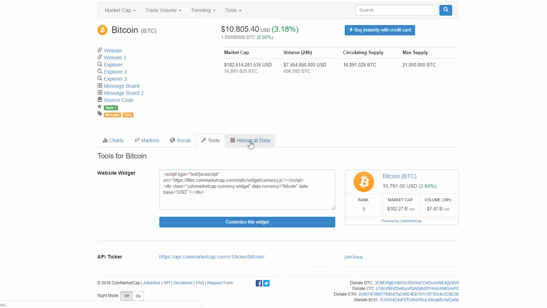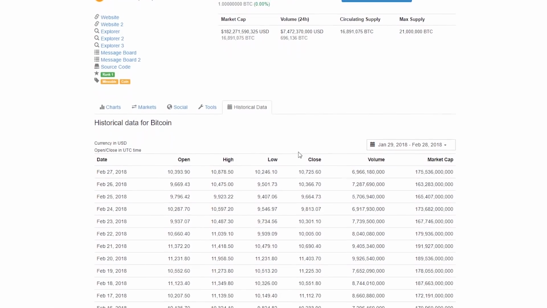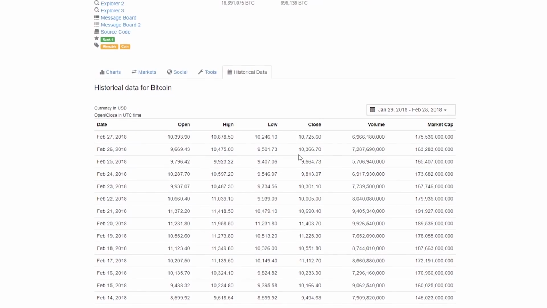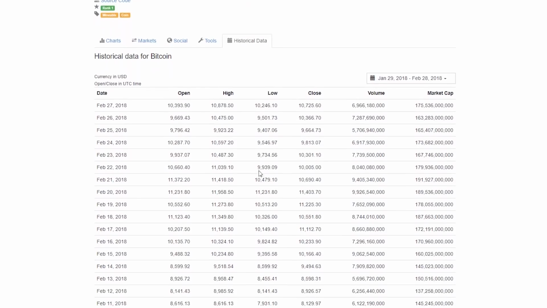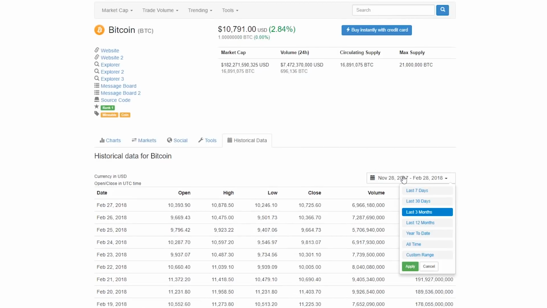And lastly, we have historical data. Historical data is really, really useful if you want to do different things with the data. If you want to maybe plot some statistics, which I particularly like doing from time to time, or look at some averages or means across different sets of data and play with it, this is where you get it. You can look at the last 3 months, and you can change the time period.